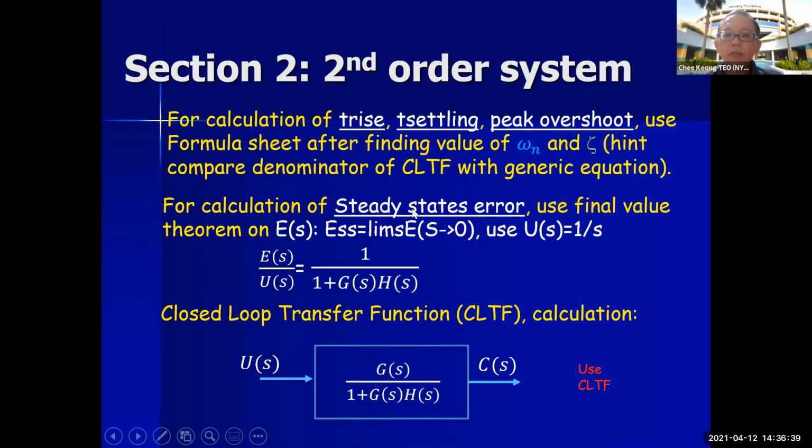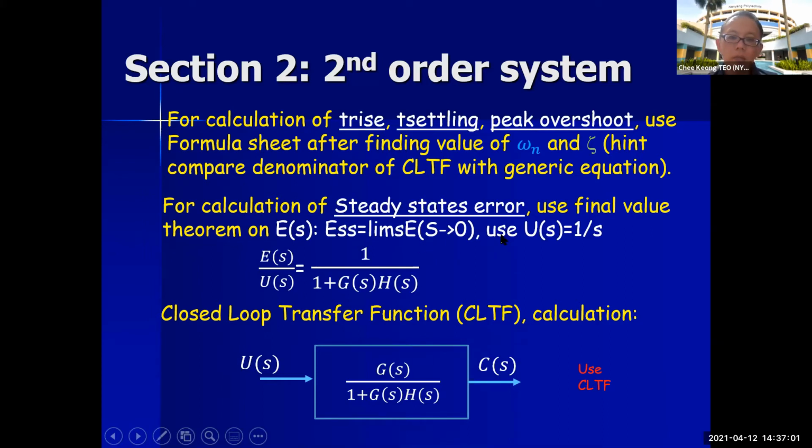For the calculation of the steady states, there are also other parts where you need to calculate the steady state error. We will use the final value theorem, where the steady state error is given by the limit as s approaches 0 of s multiplied with your original transfer function.